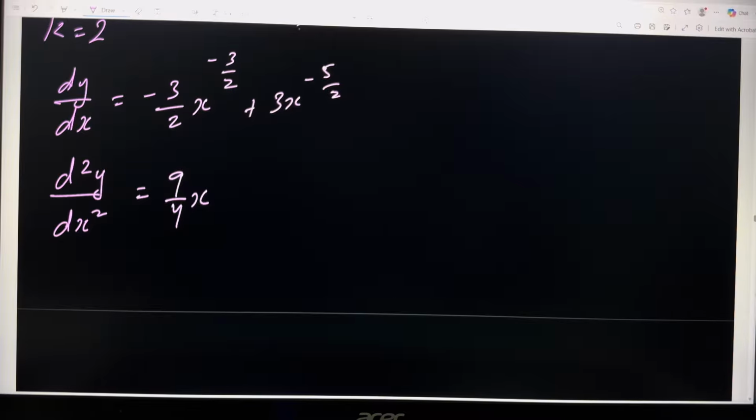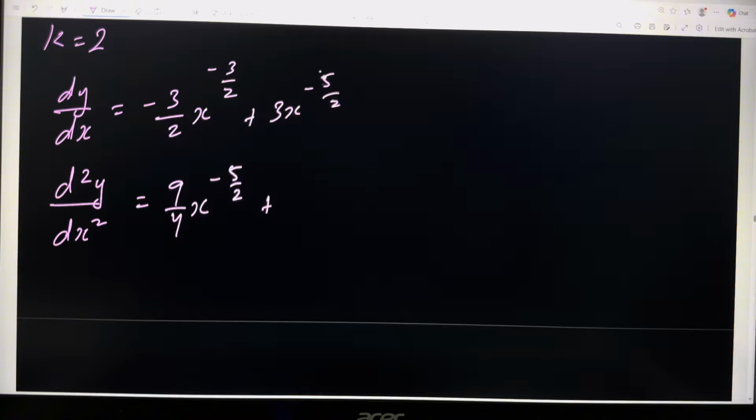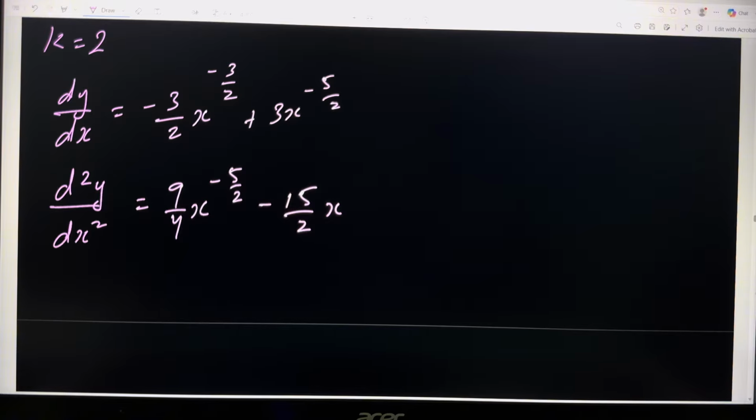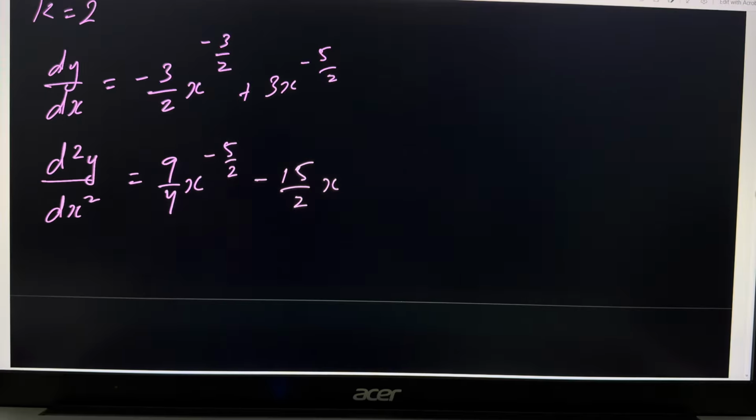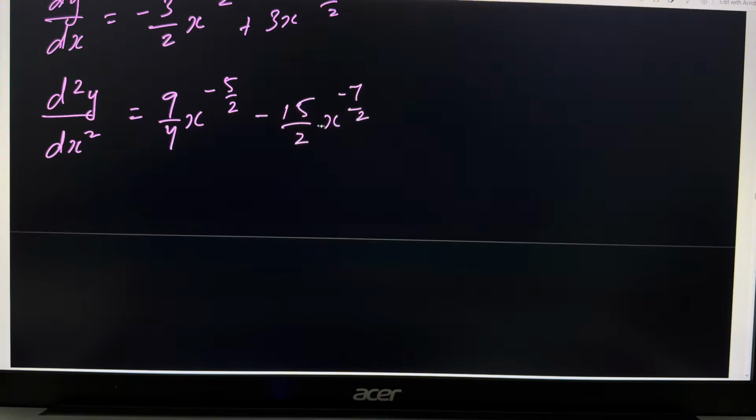Now again the power decreases by 1, so minus 5 upon 2 times 3 becomes negative 15 upon 2 x^(-7/2), because minus 5 upon 2 minus 1 is minus 7 upon 2. Now this feels weird because this is a very small power.